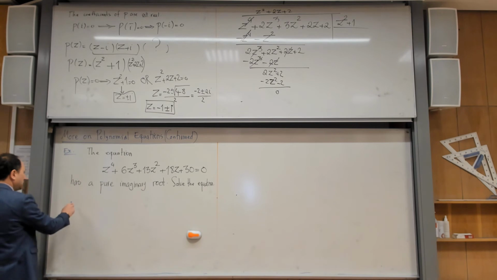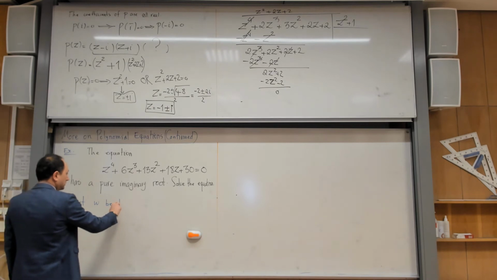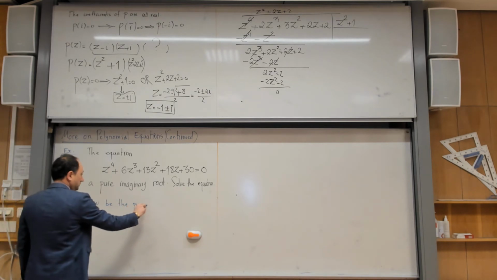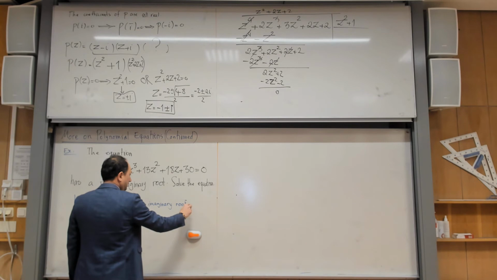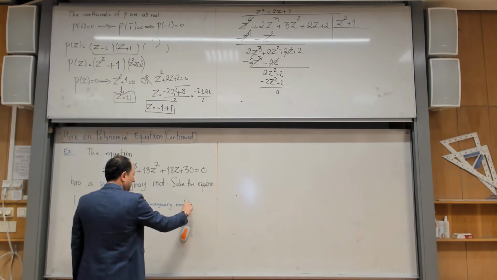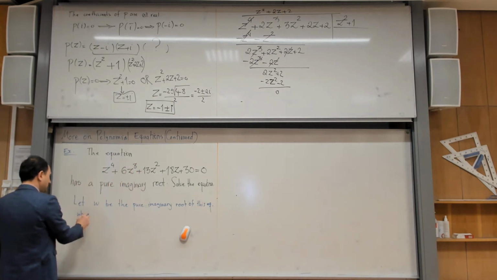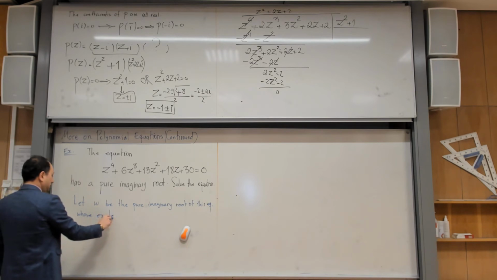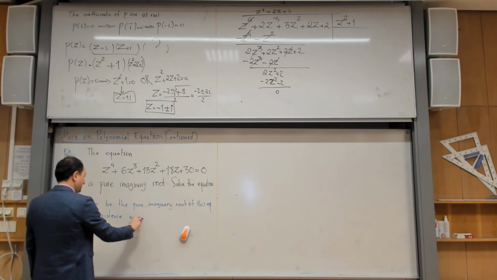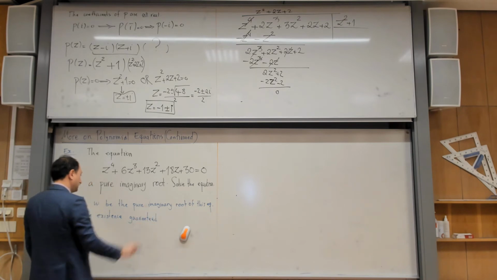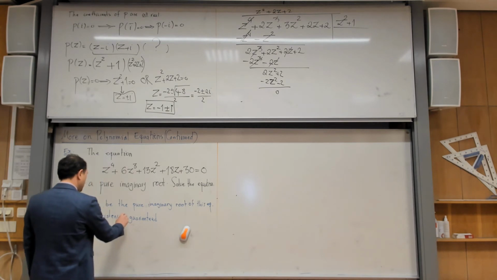So I would say that, for example, let W be the pure imaginary root of this equation whose existence is guaranteed by the problem.